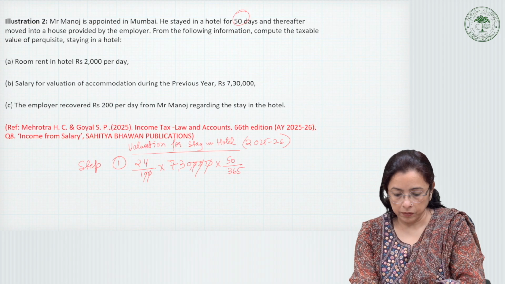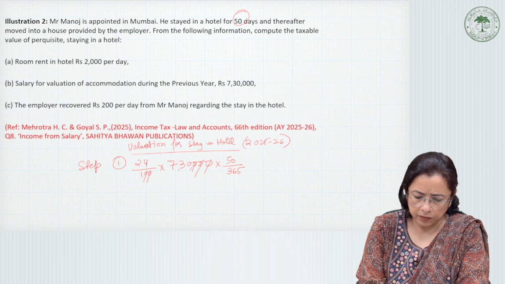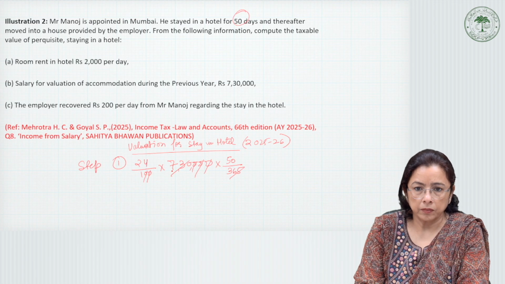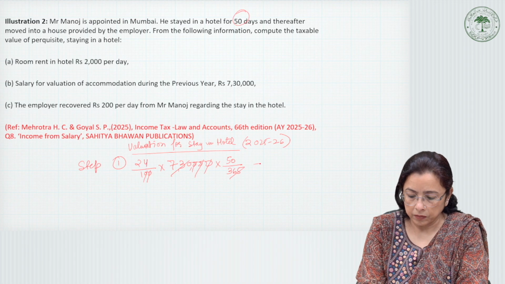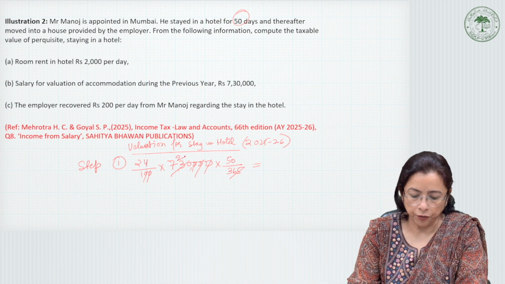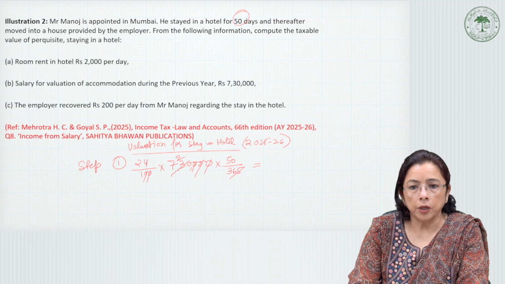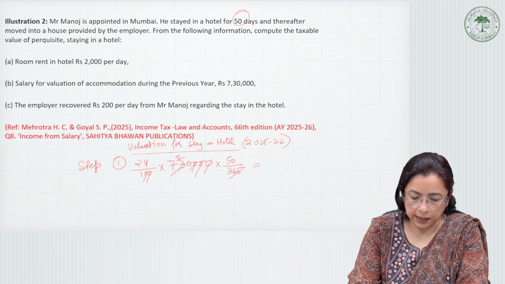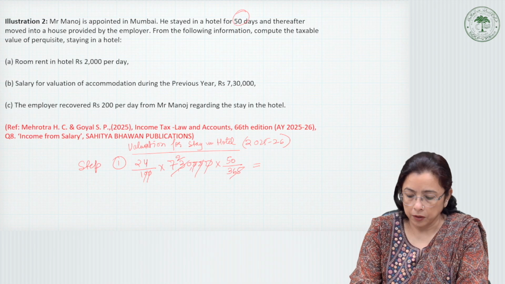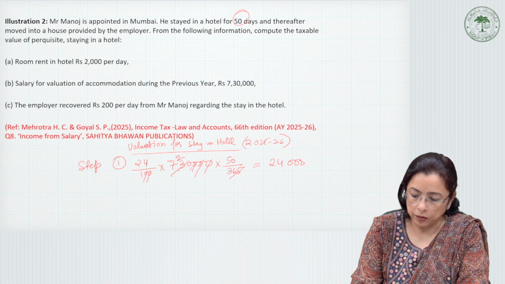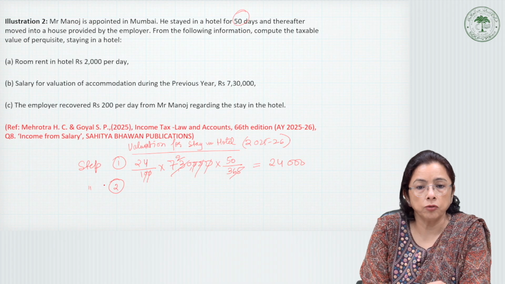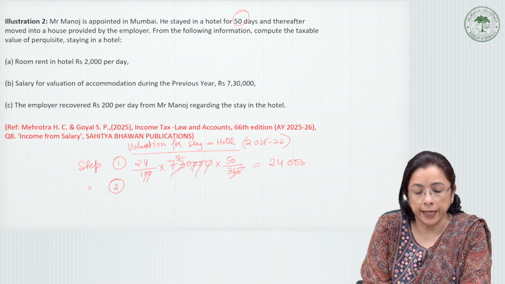This is 24 into 2 into 50, so this comes as 24,000.